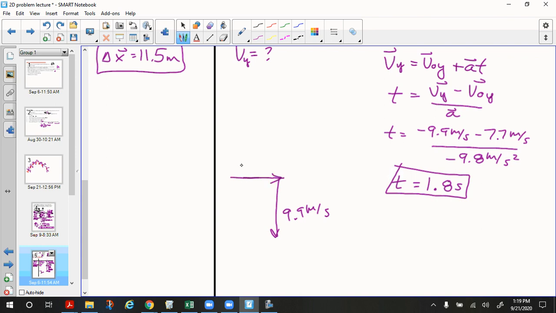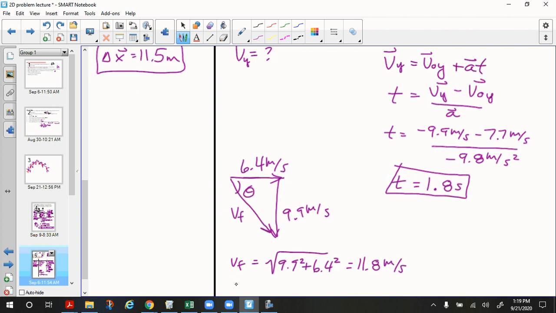That's the horizontal. So this is the final velocity that we're solving for. So we do the Pythagorean theorem to find the velocity. And that gives us 11.8 meters per second.